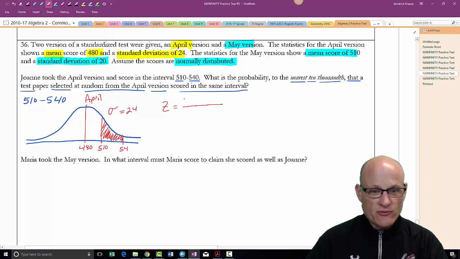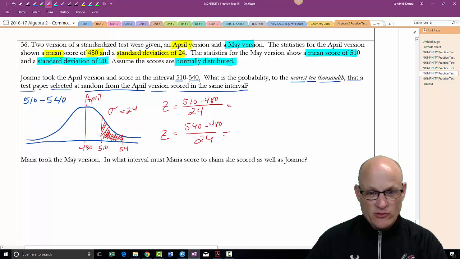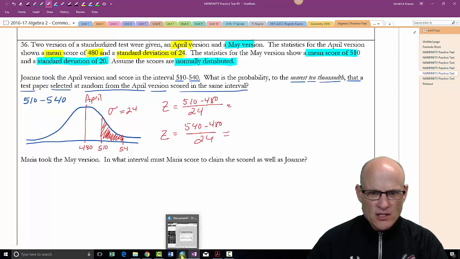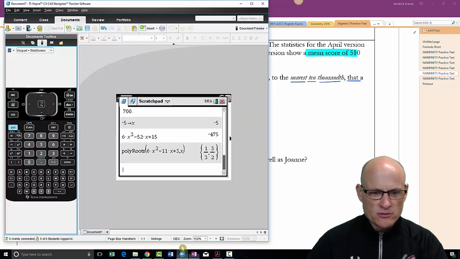So z is equal to 510 minus 480 over 24. And z equals 540 minus 480 over 24. You should come up with some z-scores for me. So let's see, 510 minus 480, that's 30 over 24.